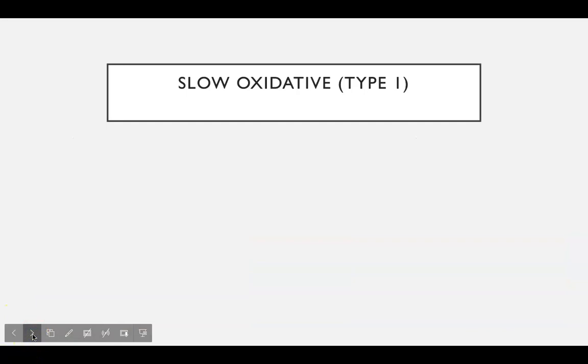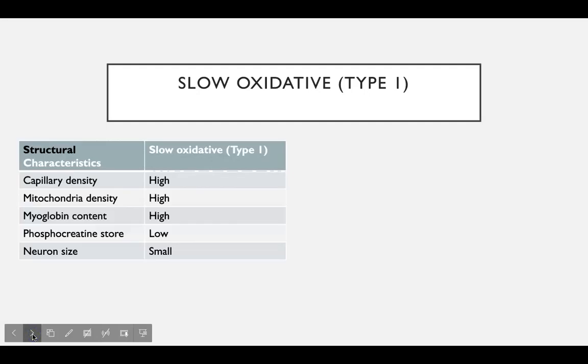Okay, so the first muscle fibre type we are going to be discussing is slow oxidative or type 1. For slow oxidative muscle fibres, the structural characteristics we need to know are that capillary density is really high. Capillaries is where gaseous exchange takes place, where oxygen goes into the muscle and carbon dioxide leaves the muscle, goes into the bloodstream.